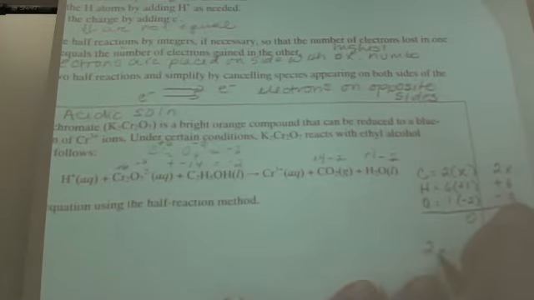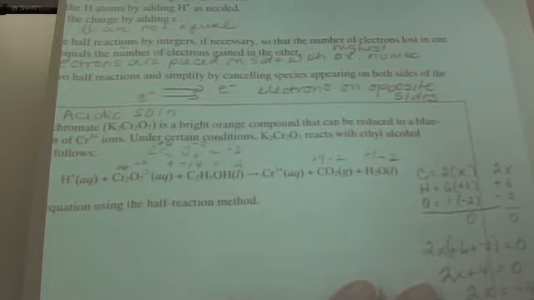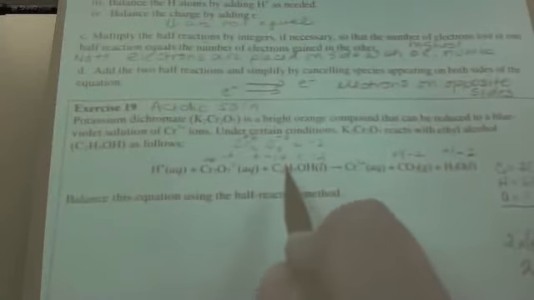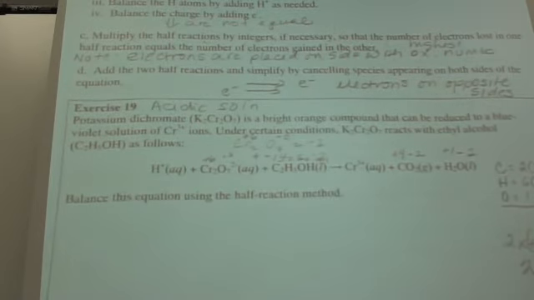So 2x plus 6 plus a -2 is equal to 0. 2x plus 4 is equal to 0. 2x is equal to -4. X is equal to -2. Okay, that'll always work for you. And we'll use that now. And we will know that this is then a -2, and this is a -2, and this is a +1.